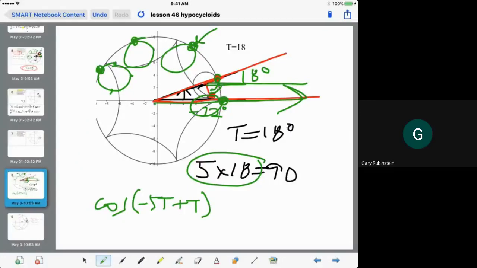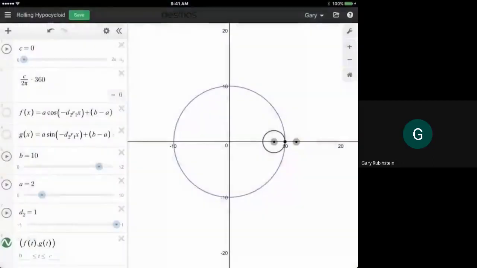And sorry that I didn't have what I wanted to show you, which was an animation where we could actually see that in the rolling situation, the point that's 2 units to the right of the center of the small circle will always be 2 units to the right in the floating one, but in the rolling one, it's tangent.